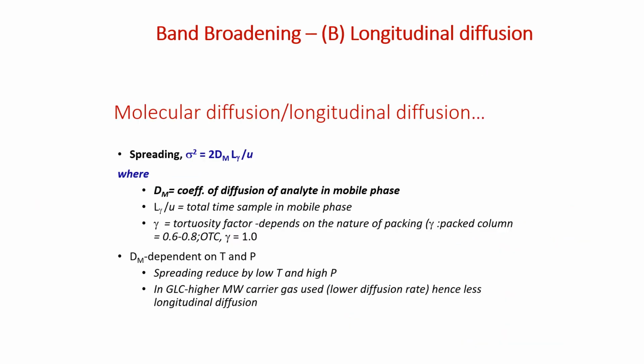So this is to show you how it is in terms of calculation. The sigma just now is the variance, right? It is related to the coefficient of diffusion of the analyte in the mobile phase. Sometimes it is presented in a table, available in textbooks or the internet, and the total time of the sample in the mobile phase.